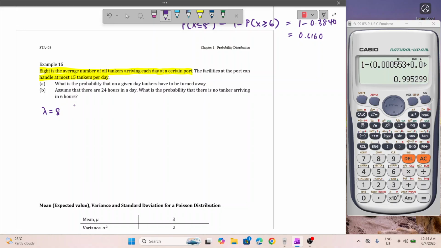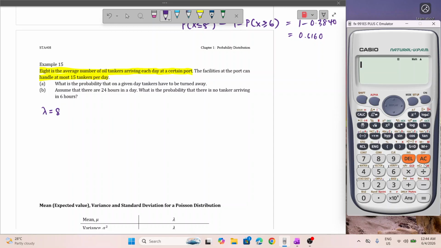Usually when additional information is given, it is related with the question that will be asked. So please take note and be careful with the additional information given. So for the A, what is the probability that on a given day tankers have to be turned away?